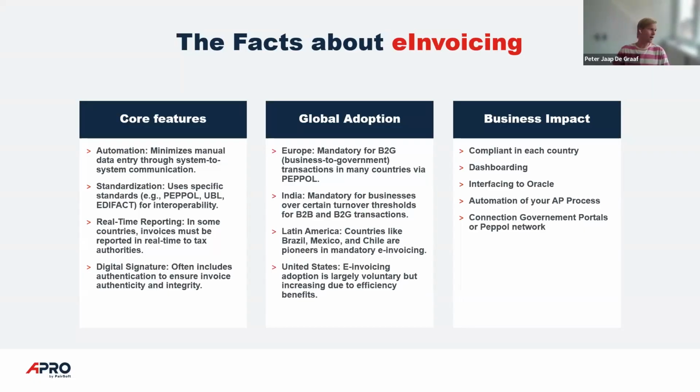And of course, it would be good if you could have a system that could also automate in the right way, because you can receive XML invoices by Peppol or by the government platform, but how can you automate that whole process? So basically, APRO is helping you with not only collecting the invoices, but also processing them directly into Oracle.